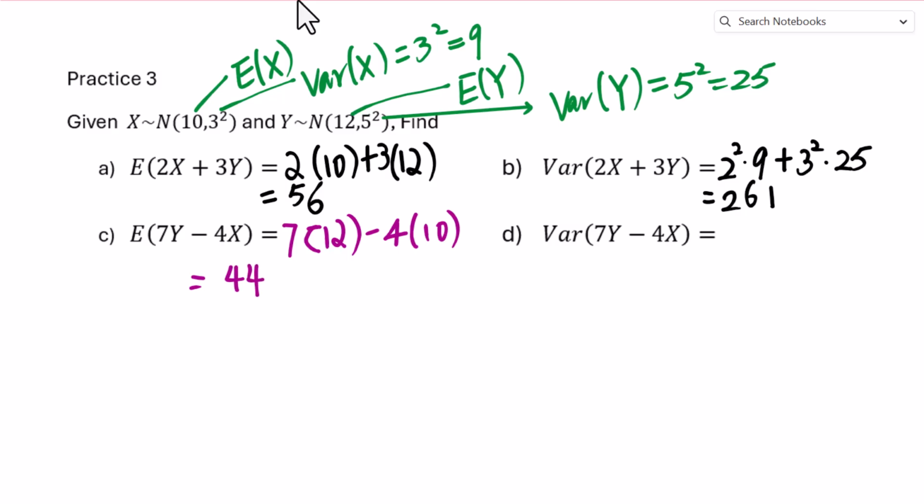Let's go to D. We will get 7 squared times variance of Y, which is 25. Remember, we need to add 4 squared times the variance of X, which is 9, equals 1369.